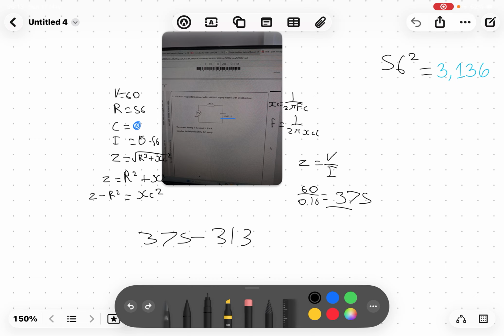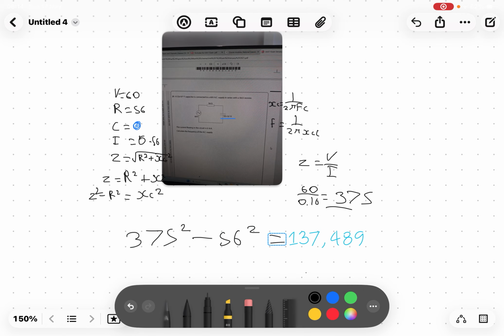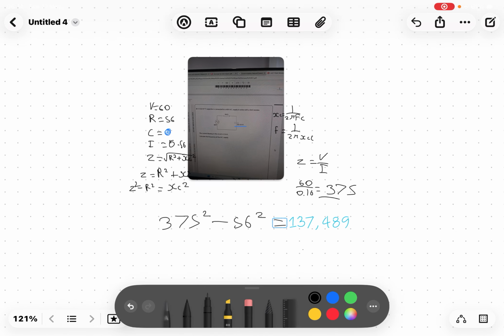Oh no, this is wrong, because remember how we took away the square root, we did it by squaring. So it's 375 squared, take away 56 squared.